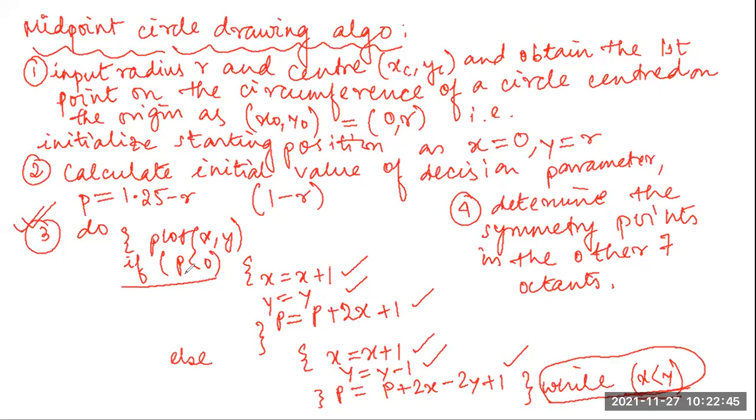Then it says, if your p is lesser than 0, do this thing, else do this thing. My p is lesser than 0, minus 9. So I will increment x by 1, y will remain as it is, p will be updated. What will be the new value of x, y and p? 1, 10, minus 6. Perfect. Very nice.